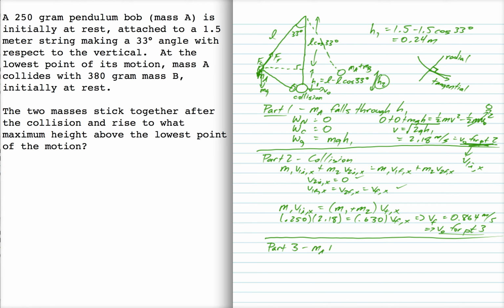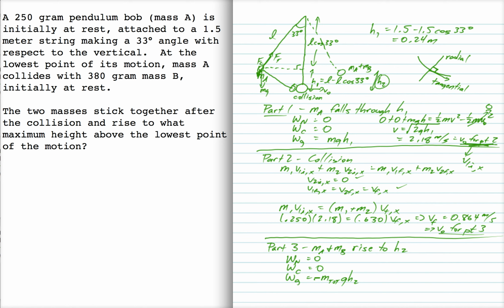So mA and mD move together, and they rise to height h2. The normal force does no work in this part. The centrifugal force does no work. Gravity, in this case, does minus m g h2. I'm using the total mass now. Not that it matters, because it's going to cancel out, and it's negative because it's moving up. And of course, h2 is what we're looking for.